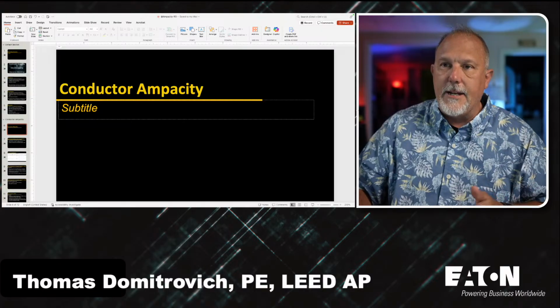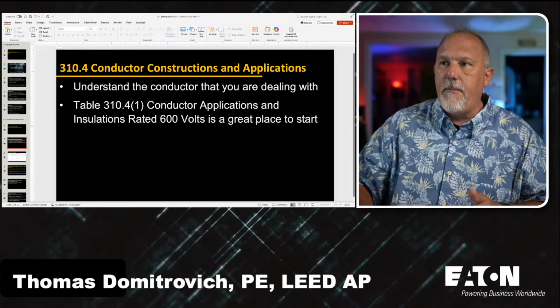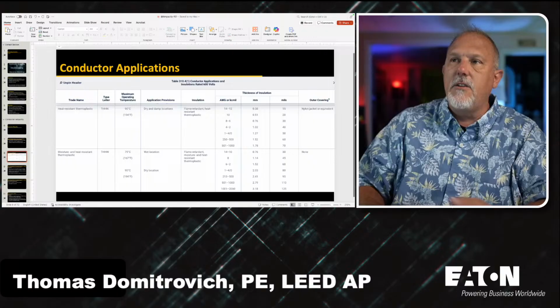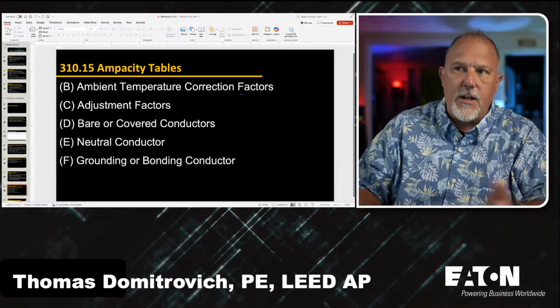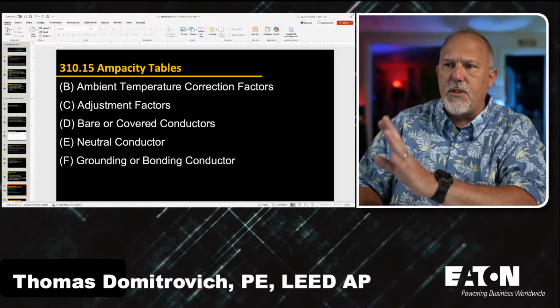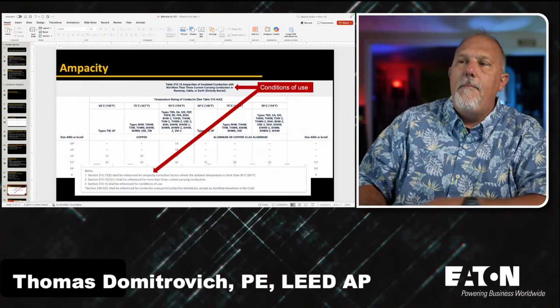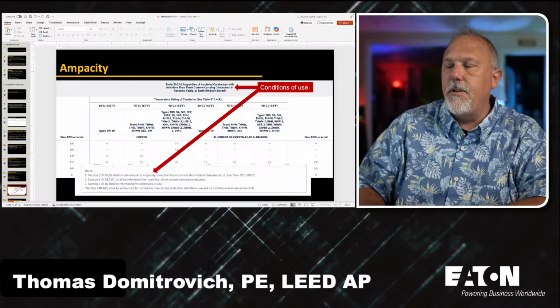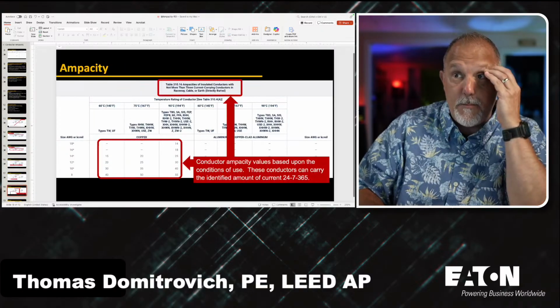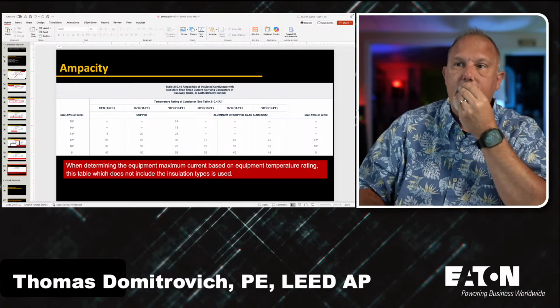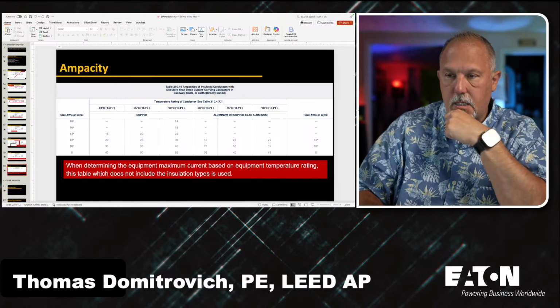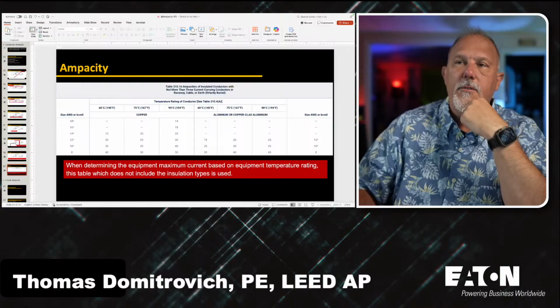Okay, conductor ampacity. So we just did the conductor ampacity: 310.4, selecting the right conductor, the applications, ampacities for conductors rated. We talked about all of this, adjustment factors, and so on. I could probably run an example here. Yeah, I'm going to do that.